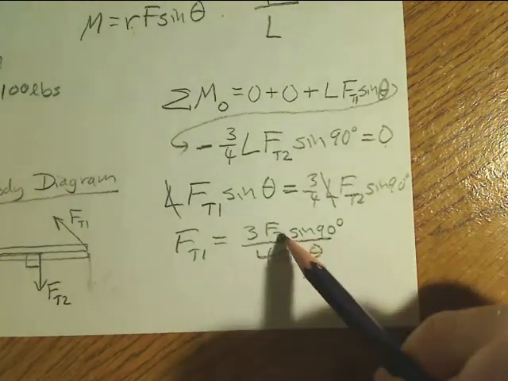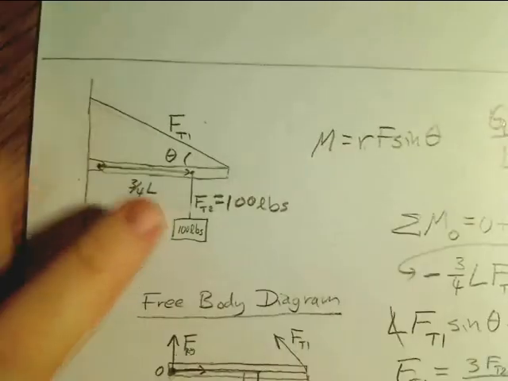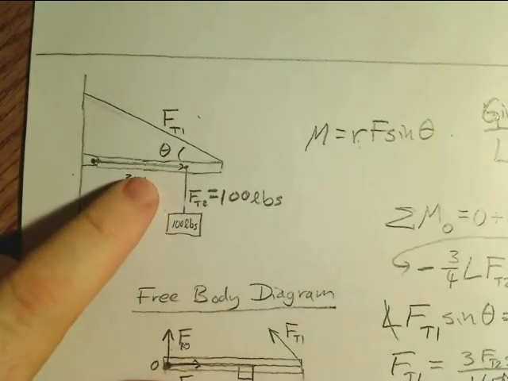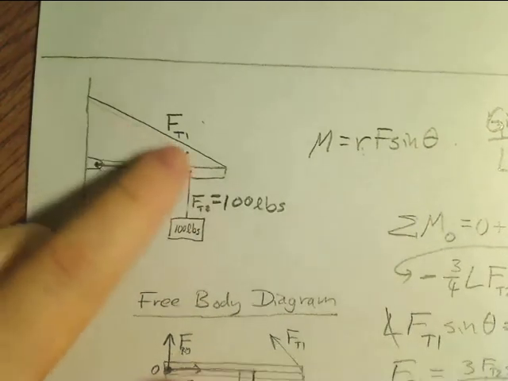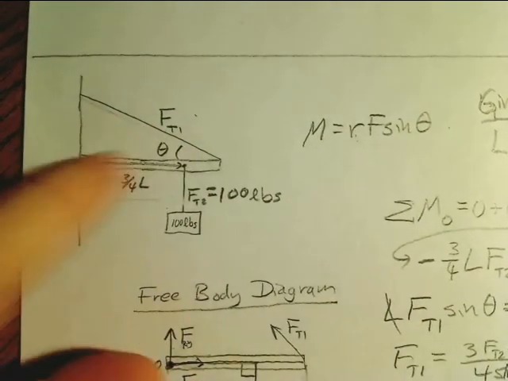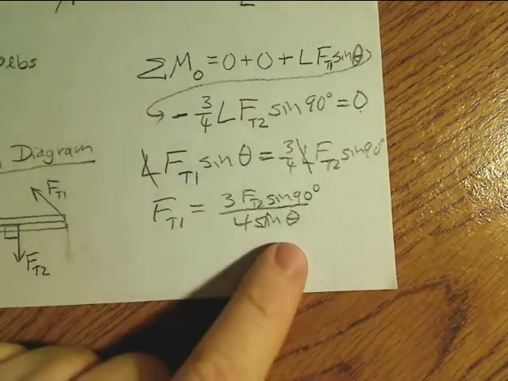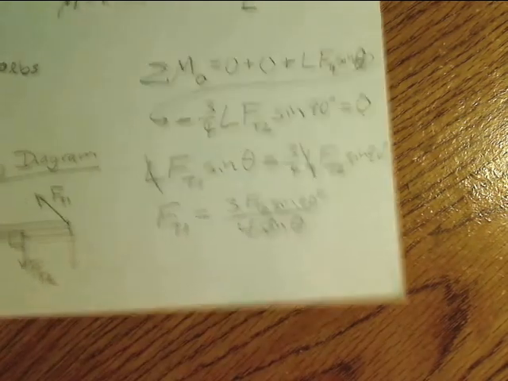Ft2 is given in the problem to be 100 pounds. Theta you would find using trigonometry. So normally I would give you this length and that length, or maybe even the hypotenuse, and from those you can figure out what theta is to put right here. Hope this helps. See you soon.